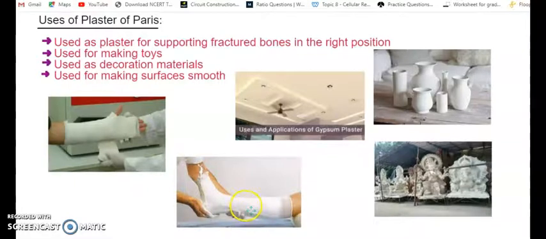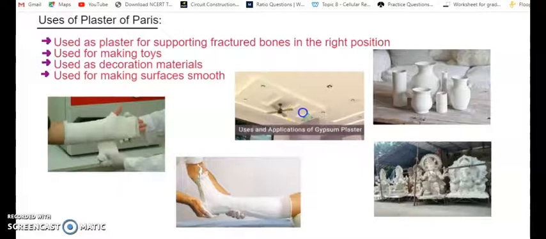It is applied and left so that it can support the bone and it can be treated very well. Plaster of Paris is also used for making toys, artifacts and decoration materials. Even idols are made of plaster of Paris mixed with water. And false ceilings are also made of plaster of Paris.